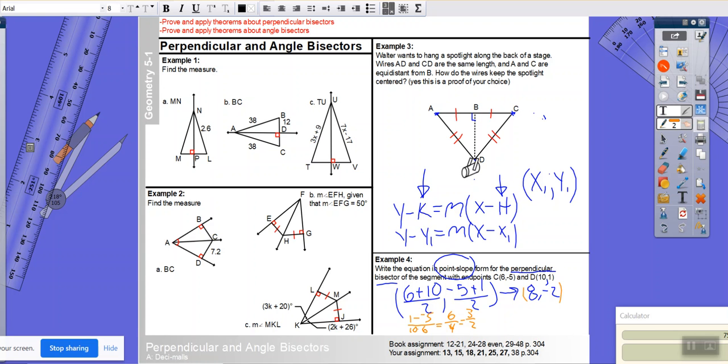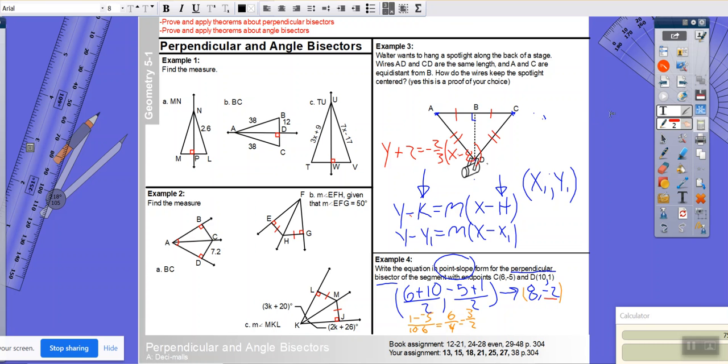Negative 2/3, right? So then we'll get our equation. So y plus 2, because negative 2, find the opposite of negative 2. Our slope is going to be the opposite reciprocal, so negative 2/3. And then we have x minus 8.